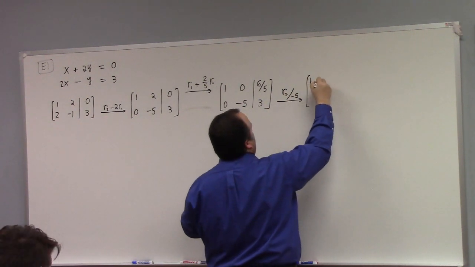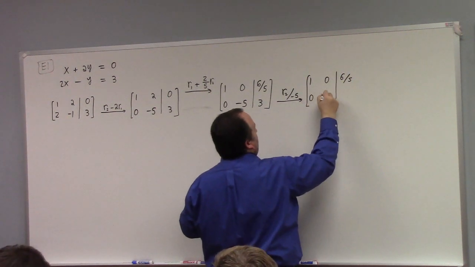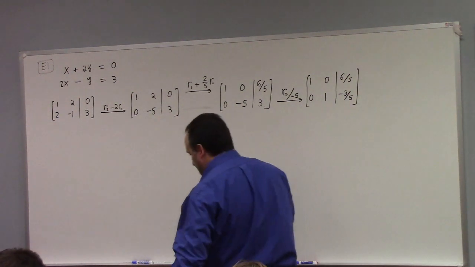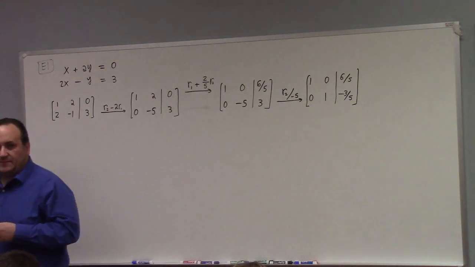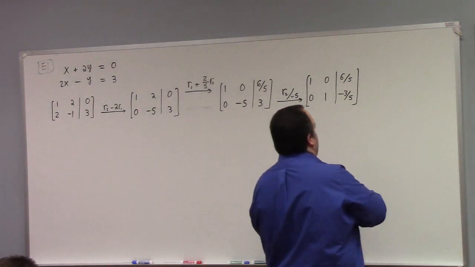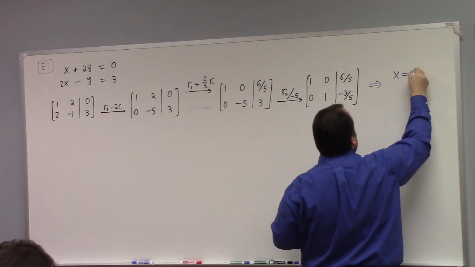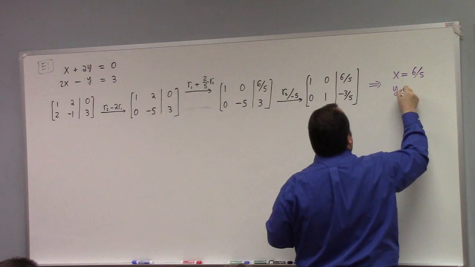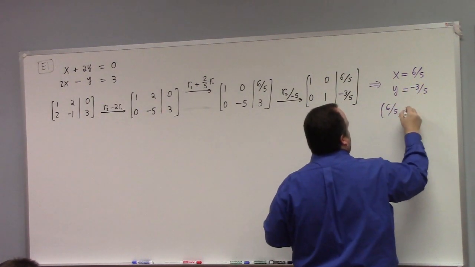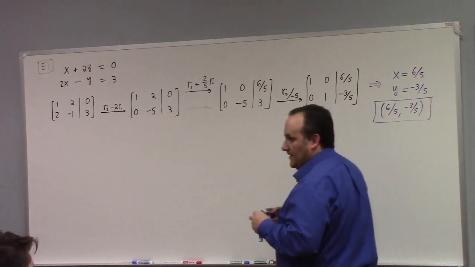And that's going to get me to 1, 0, 6/5, and 0, 1, -3/5. What does that tell me? This tells me that x is equal to 6/5 and y is equal to -3/5. In other words, 6/5 comma -3/5 is my solution. All right?